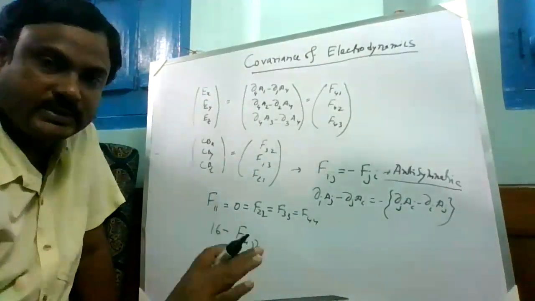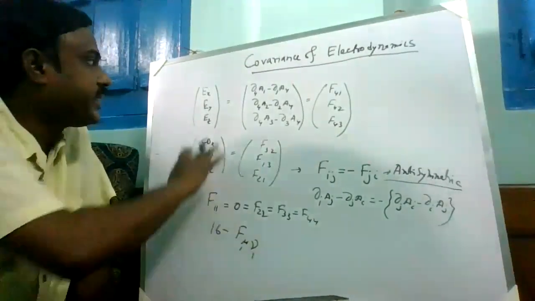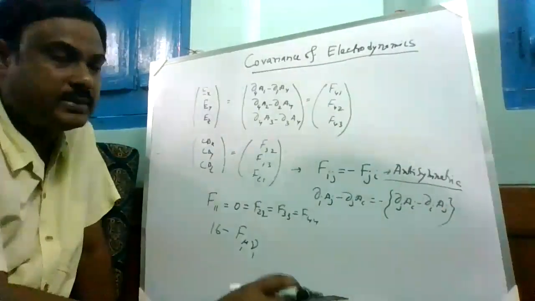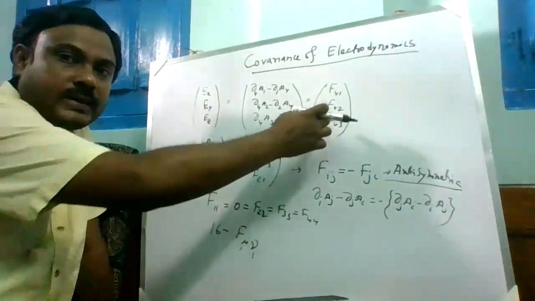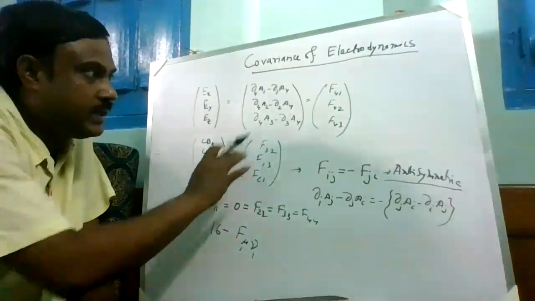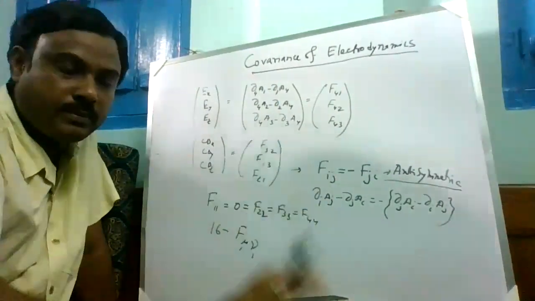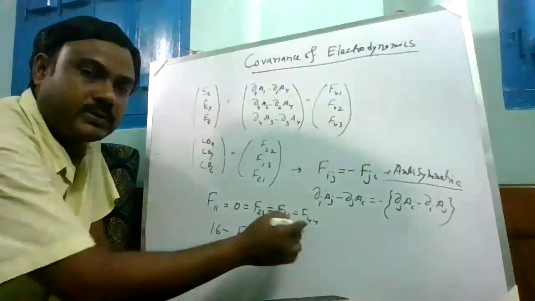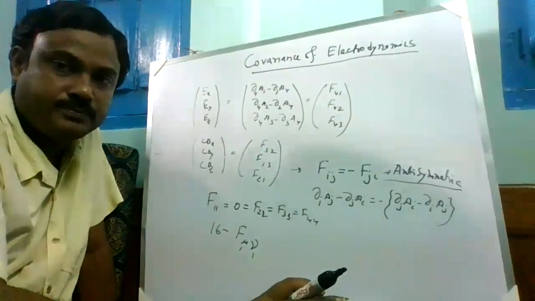Out of 16 elements, we have obtained 6 elements. And the other 6 elements, that means F14, F24, F34, will be minus of these. So 6 plus 6, 12 components have been obtained and 4 diagonal terms are 0.